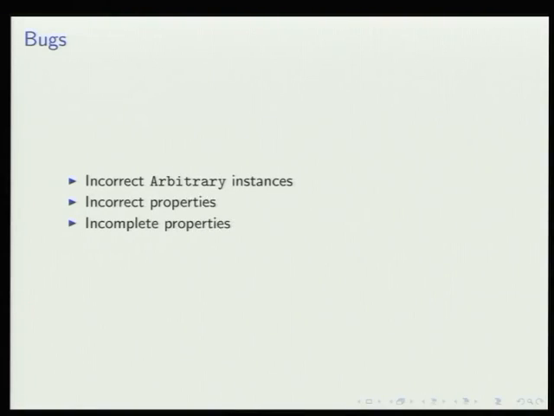So you might have properties that are correct, but they might not be enough properties to specify the full behavior of your type or your abstraction or your function. So in some cases you have to do some deep thinking to work out, okay, I've specified some properties, the properties are passing, but have I specified enough properties, or are there properties I haven't specified that could be causing bugs to go unnoticed?